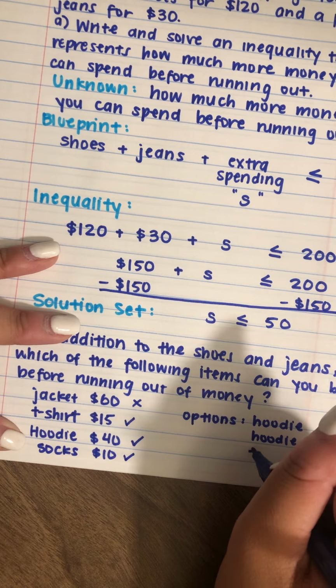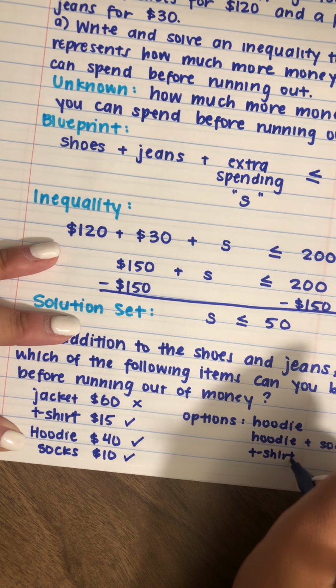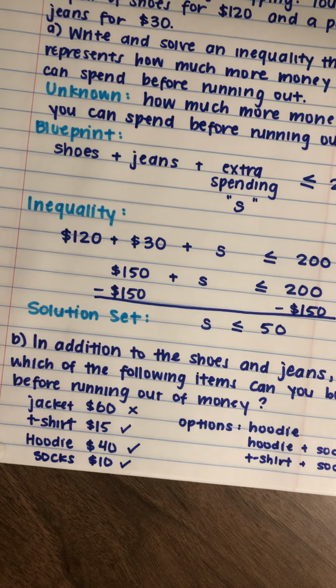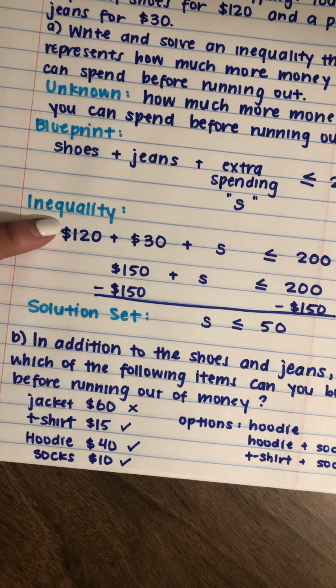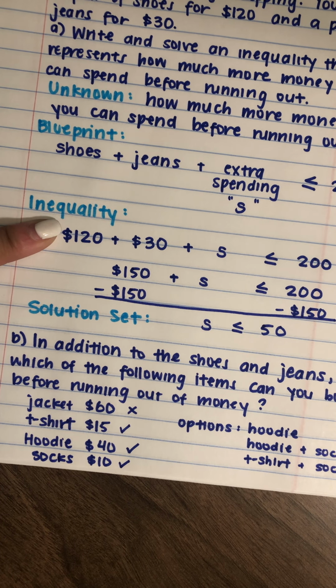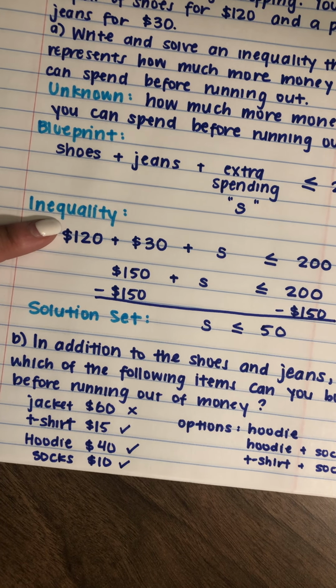Or we can buy the t-shirt plus the socks. The reason that these are our options is because the total of all of these options is $50 or less.